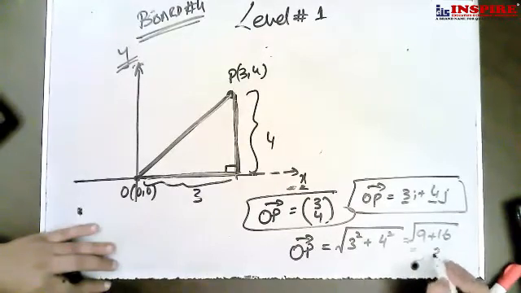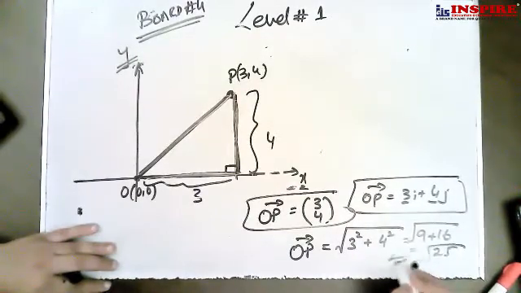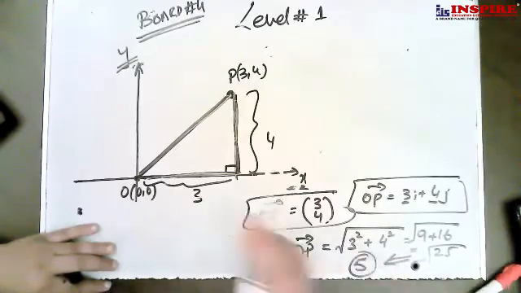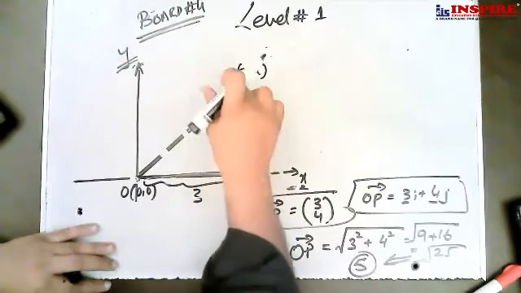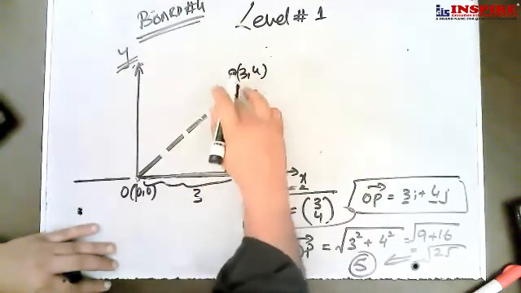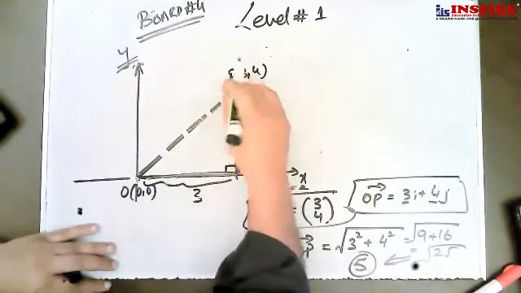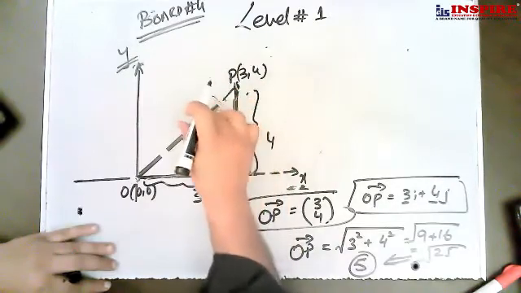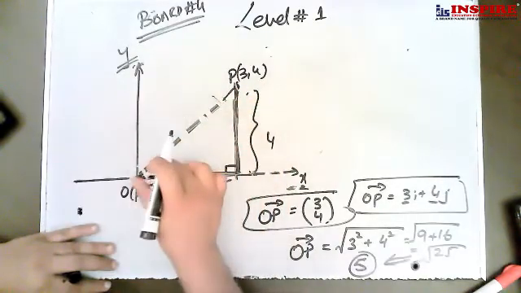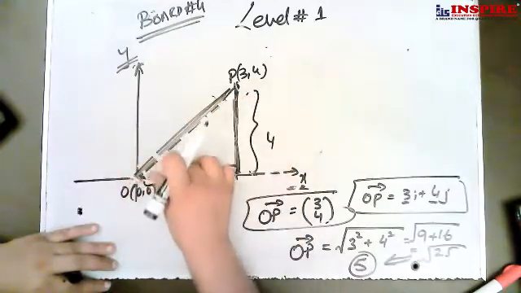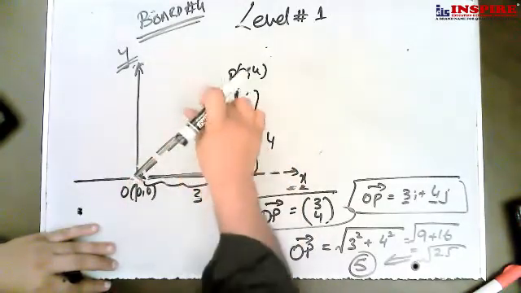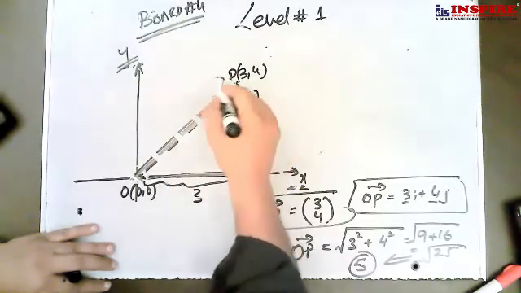That's the square root of 25. And the answer is 5. 1, 2, 3, 4, 5.